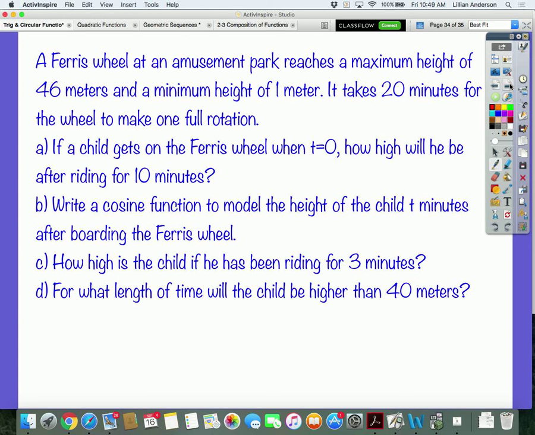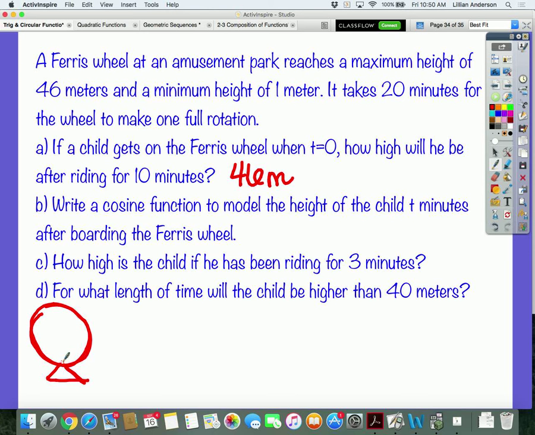First, do we need to set up our equation to answer part A? No, you just put 46. It'll be 46. So you'll be at the top. Because if we think about it, we have this Ferris wheel that is a little bit off the ground.